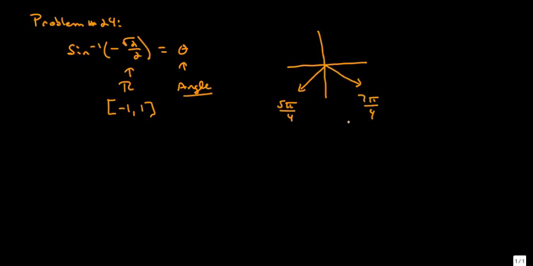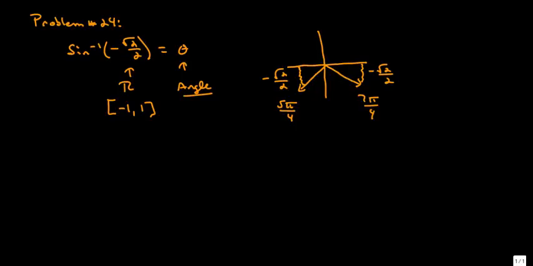And both of those angles have a sine value that's negative square root of 2 over 2, meaning that this length coming down on the unit circle would be negative square root of 2 over 2, where the hypotenuse here is 1. Now, any other angle that is coterminal with either of those two angles will also have a sine value of negative square root of 2 over 2.